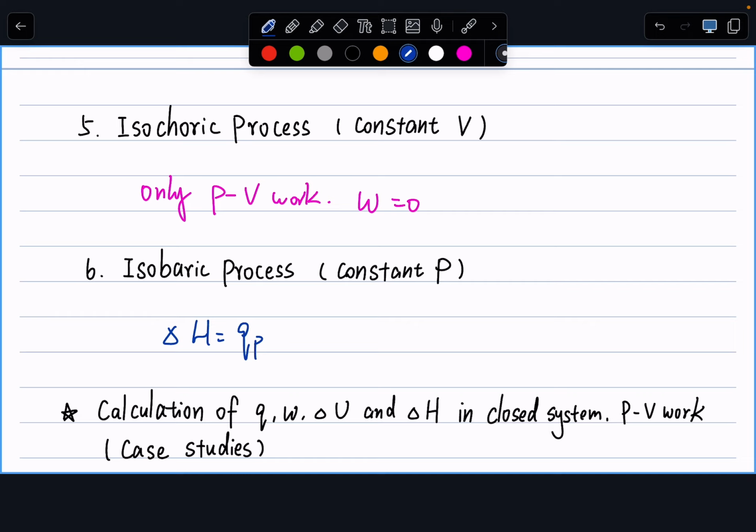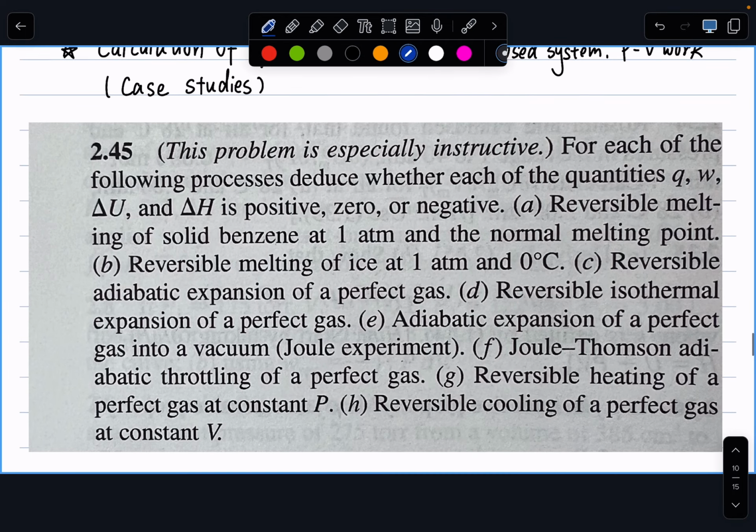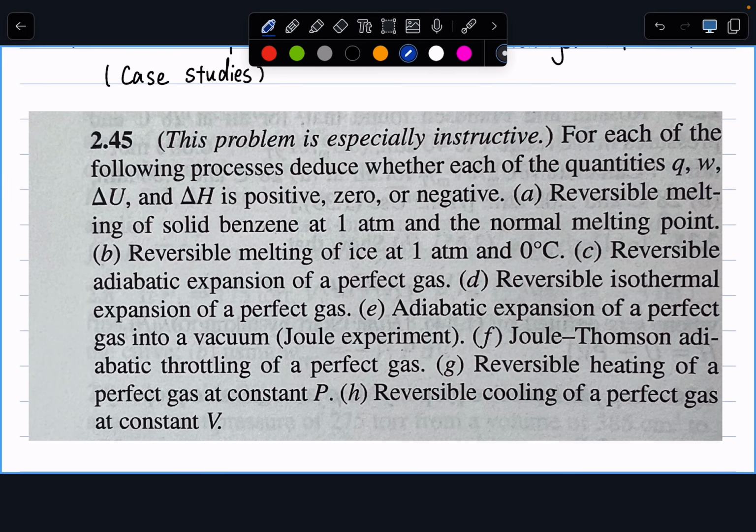So these are the general summary of what we covered. Get familiar with it, because in the following kind of problem, you will need to use these things quite intuitively.